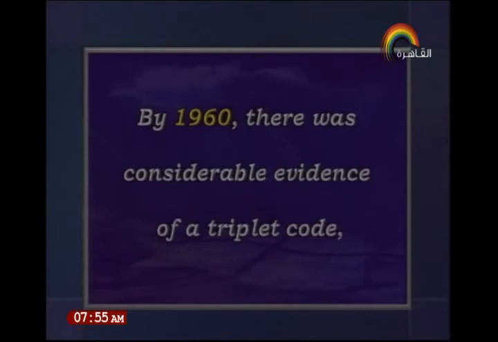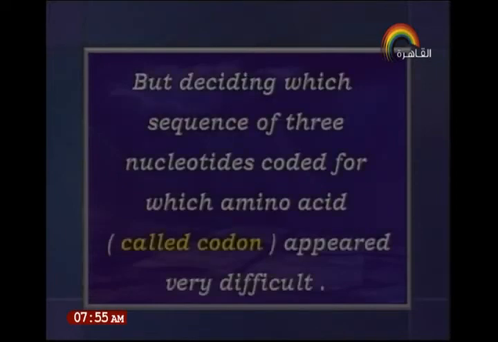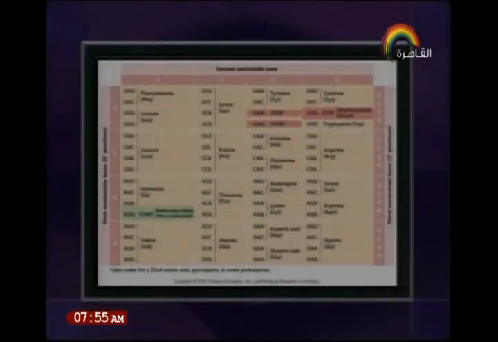By 1960, there was considerable evidence of a triplet code. But deciding which sequence of 3 nucleotides, called a codon, coded for which amino acid appeared very difficult. This table represents the genetic code of protein.